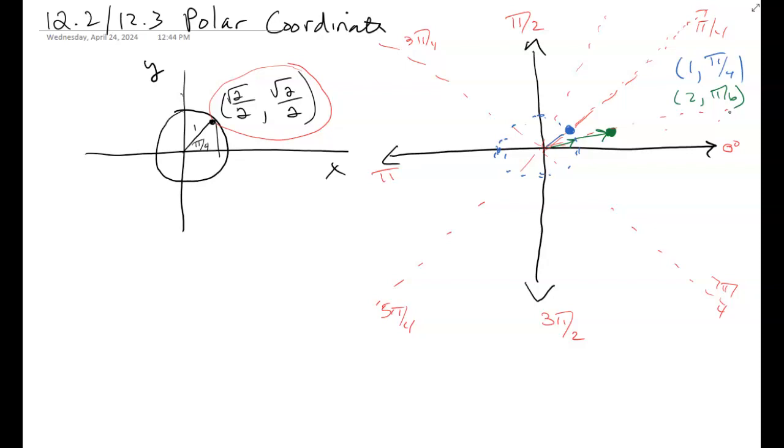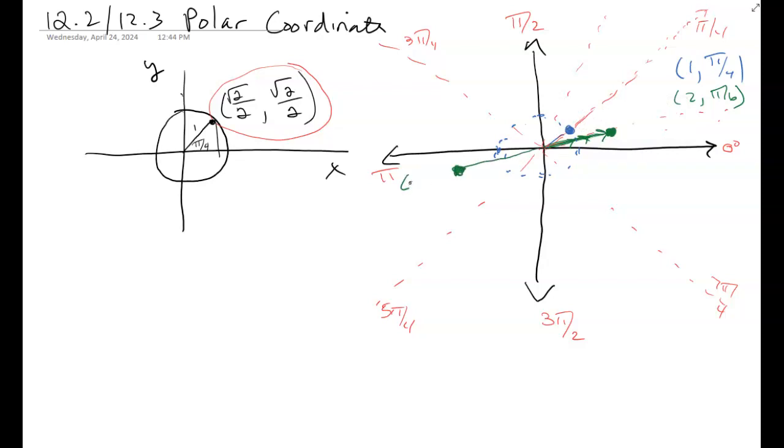So we know where 2, pi over 6 is. Where would negative 2, pi over 6 be? Well, it's still going to be this same angle, but instead of heading out like we did to get here, we go in the opposite direction. 1, 2.